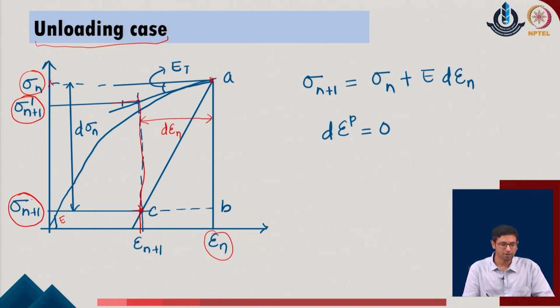And we can now identify this value of sigma n plus 1 directly, because we realize that this modulus is a constant value in the given system, it is not changing in the given profile, and as it goes through this unloading profile, we can evaluate this drop in the given system from the original value of sigma n as sigma n minus sigma n plus 1 is equal to the respective value of the strain parameter. So, that typically will come out as minus E times d epsilon n.